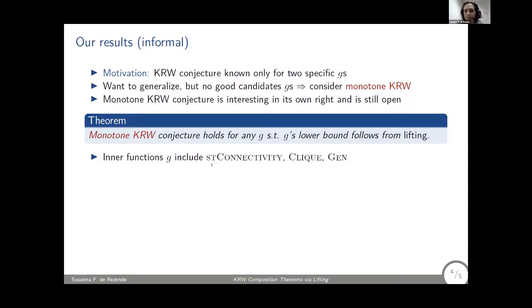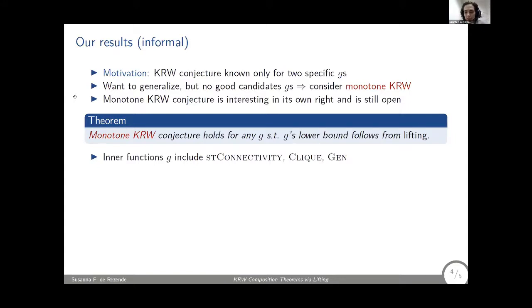So it's basically any monotone function for which we know how to prove a lower bound except for matching. So this was our first result. We were able to extend the range of inner functions that we can handle in this monotone setting.